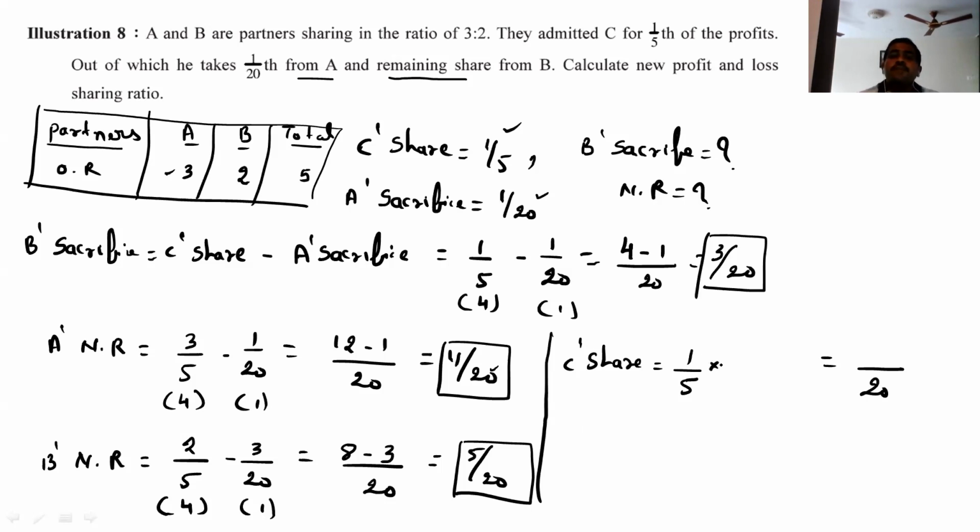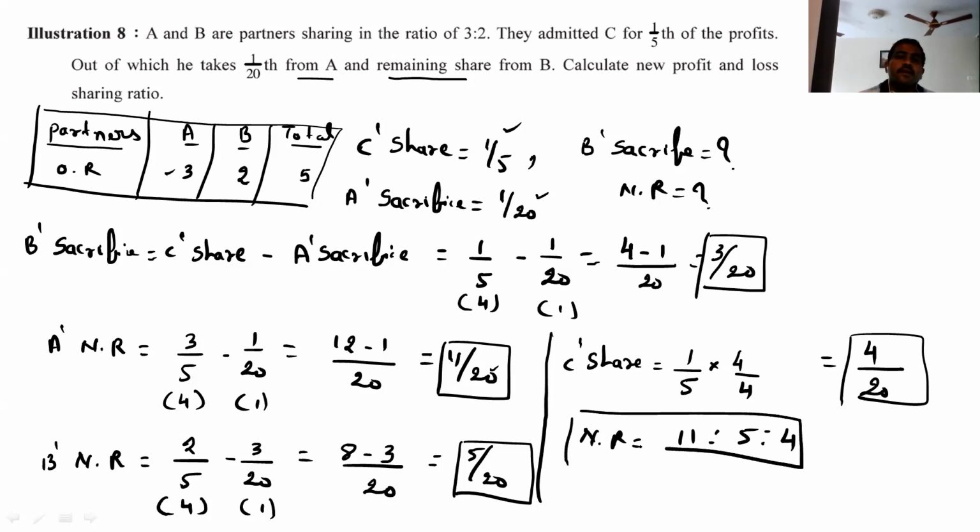By which number can we multiply? 4, since 5 fours are 20. If the denominator is multiplied by 4, the numerator also becomes 4. So 4 by 20. So the ratio is 11 is to 5 is to 4. The new ratio is 11 is to 5 is to 4.